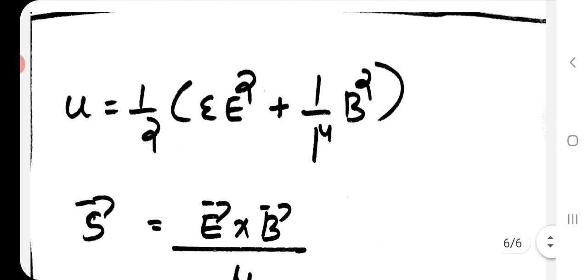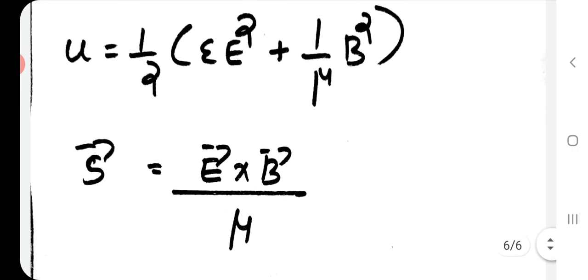And our expression for energy density will be simply half epsilon E squared plus 1 by mu B squared, so just replace epsilon 0 by epsilon, mu 0 by mu.